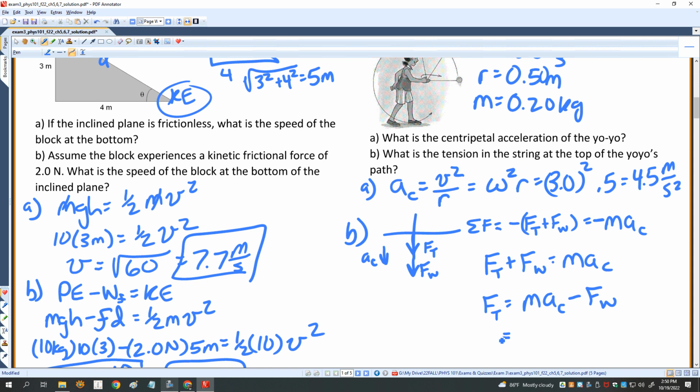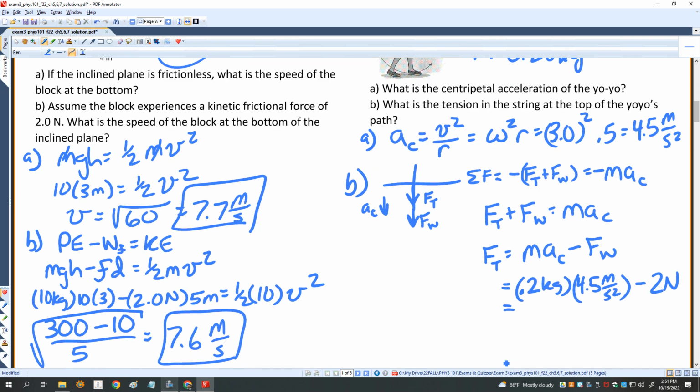So that's going to be 0.2 kilograms times 4.5 meters per second squared minus the weight, which is 2 newtons. So let's see, I might not. Yeah, I'm going to have to make my weight less, or I will adjust this, but the numbers here are going to be different, and I'll give you all the right answer in there.